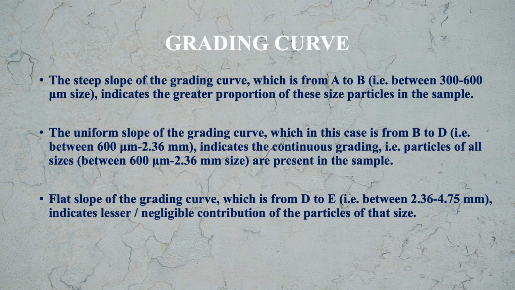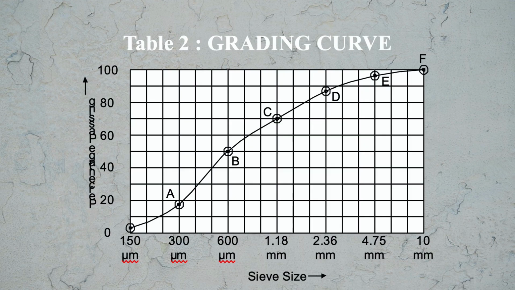Between D and E, if you look at the figure, the percentage passing changes very little, from about 88 to 98, only about 10%, and only 8 to 10% of the sample is retained between these sieve sizes. This means this size of aggregate is very scarce in this sample.